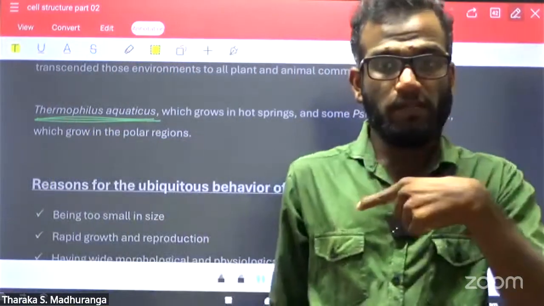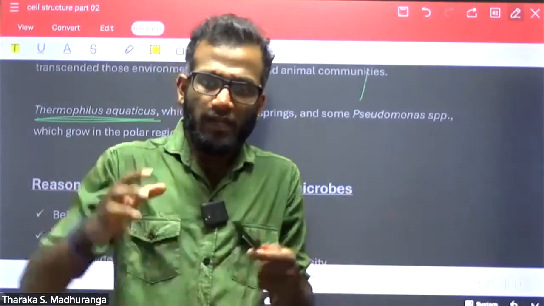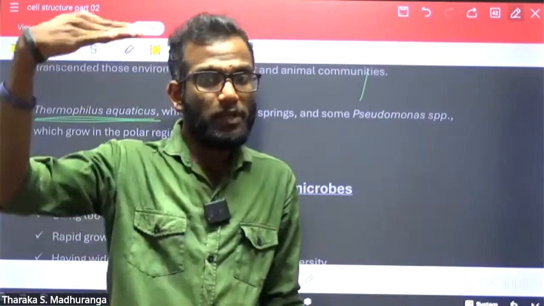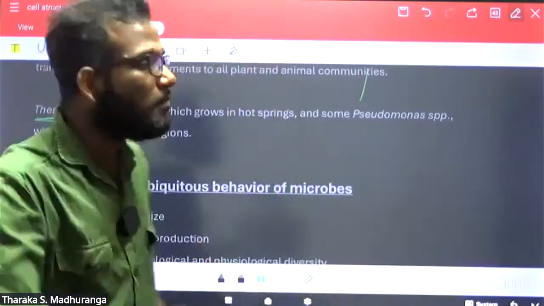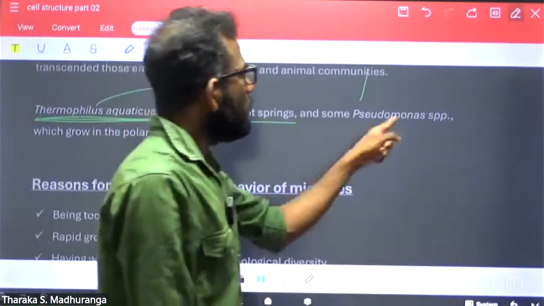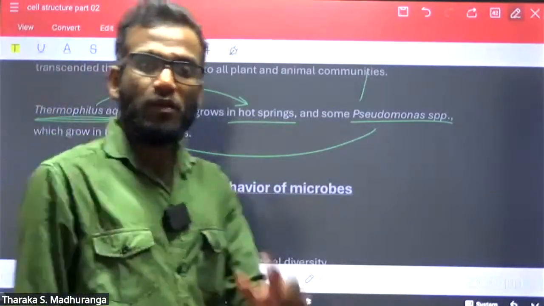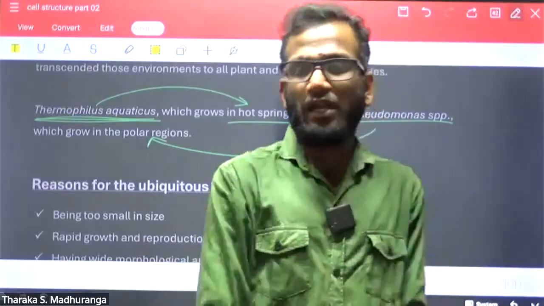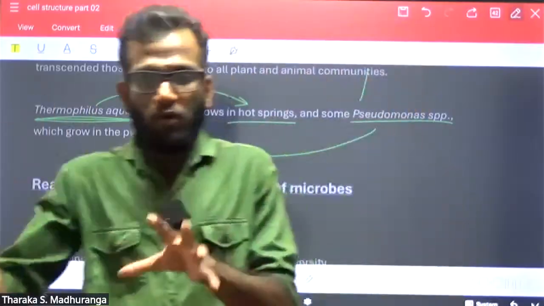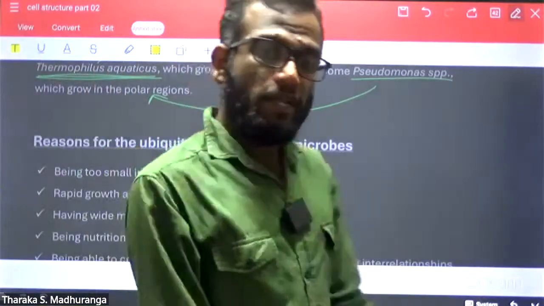This is not true for all microorganisms. If we take all microorganisms as a group, they can't live in high temperature conditions, but some specific types can live in hot springs. Pseudomonas species can live in polar regions. Polar regions mean cold environments, minus temperatures, and they can live there. So thermophiles live in hot springs, and Pseudomonas species live in cold polar regions.